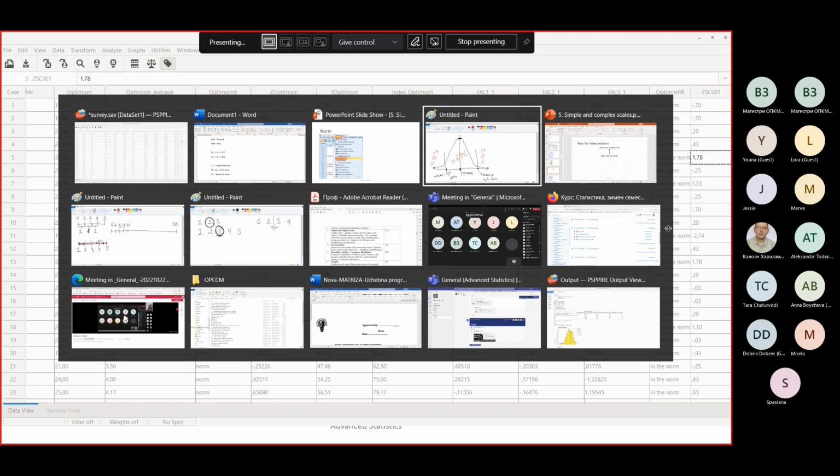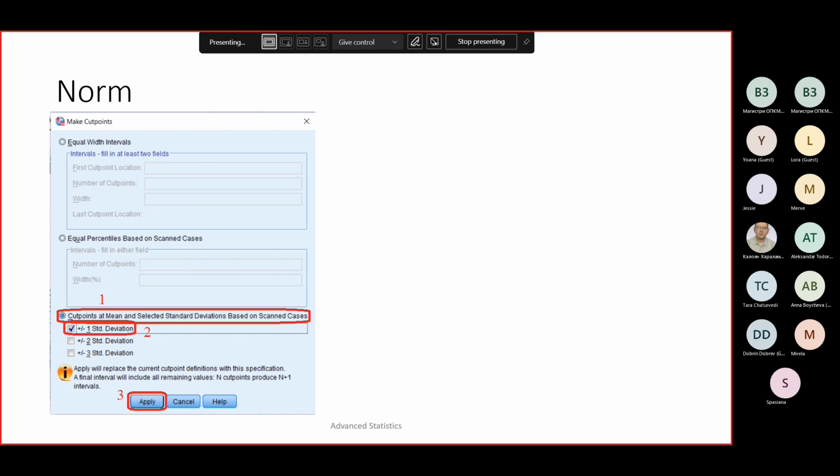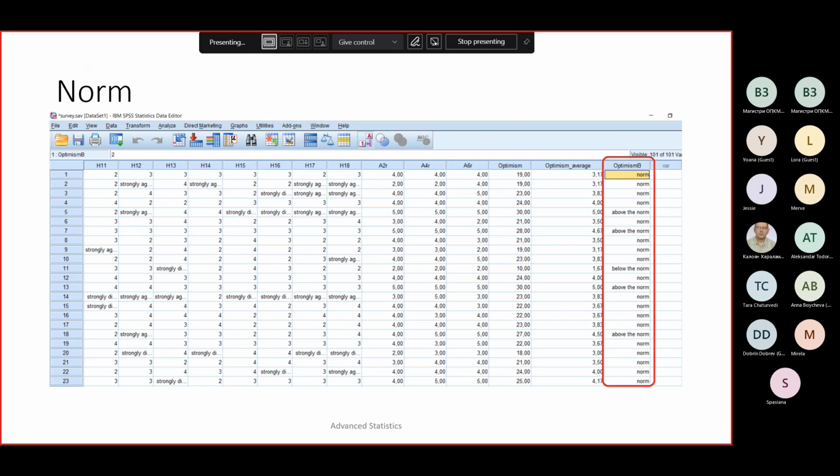So the third key, as I already said, here in the presentation is shown the easier way in the SPSS. This more difficult way is not shown in the presentation. But the result is the same. New variable with categories: norm, above the norm, below the norm.